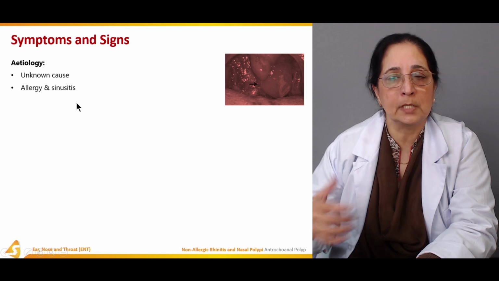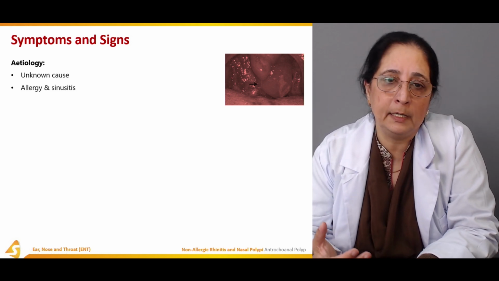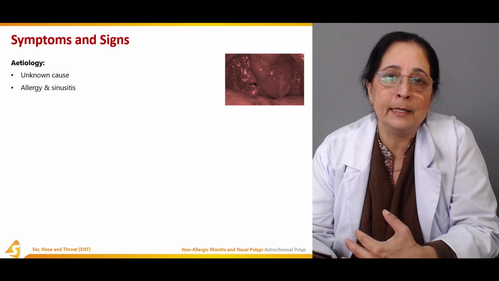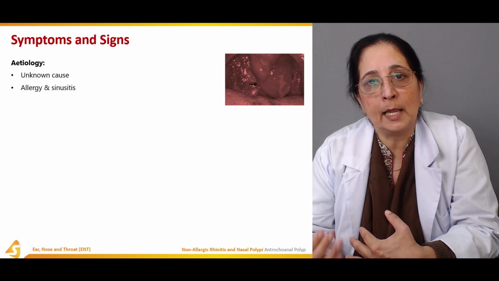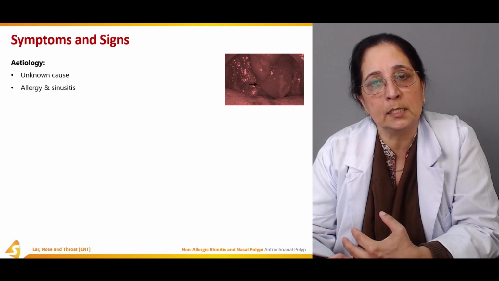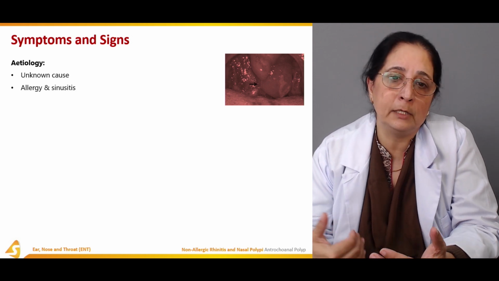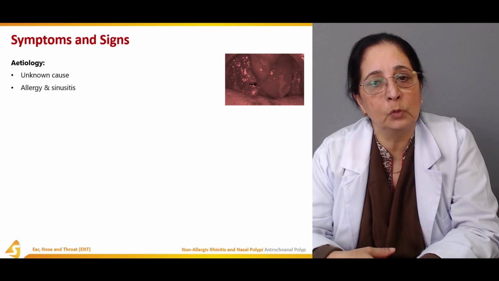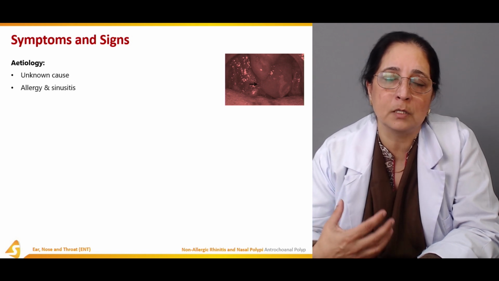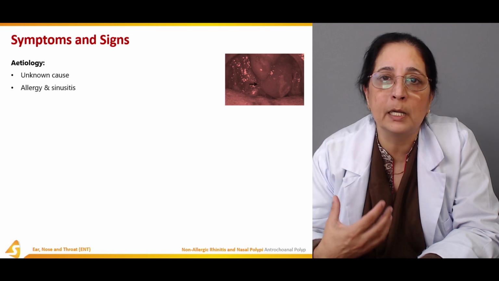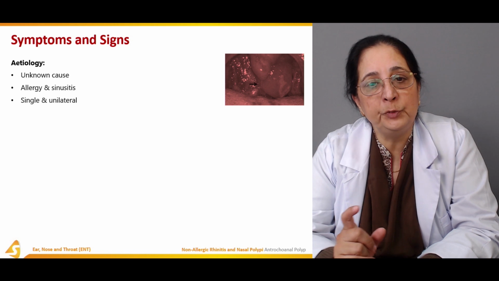Allergy and sinusitis is one cause that can be considered, because allergy and sinusitis is associated with ethmoidal polyps, so it might cause the antrochoanal polyps, but the exact clear cause of antrochoanal polyp is not known.